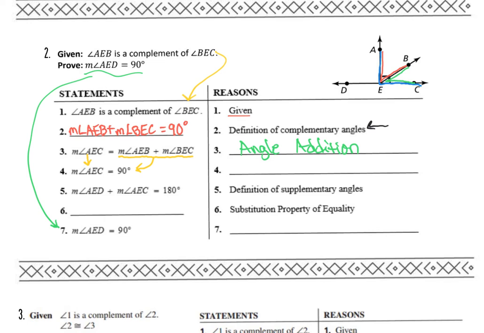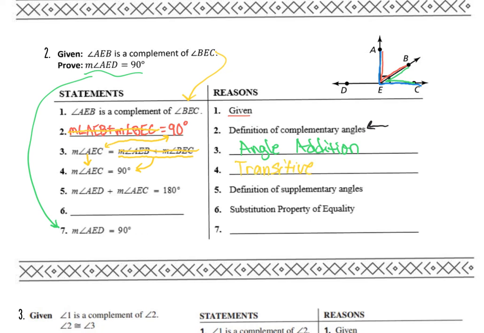And again, we should be looking for either substitution or transitive here. And what I notice is, well, 2 and 3 both mention AEB and BEC. So if I do transitive and I eliminate AEB and BEC, right, eliminate whatever's the same, we can combine what's left, right? What's left? Well, what's left is the measure of angle AEC equals 90 degrees. So that is how we get statement 4 by using the transitive property.